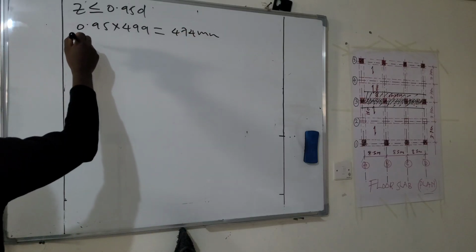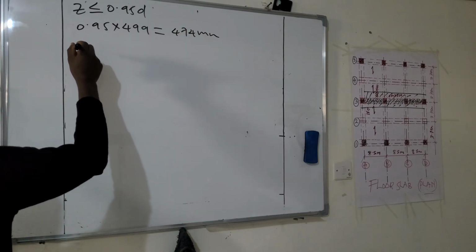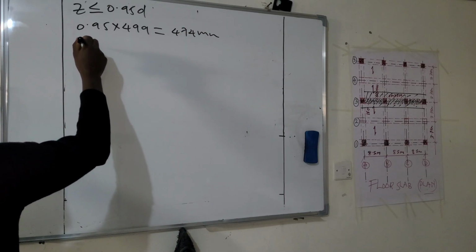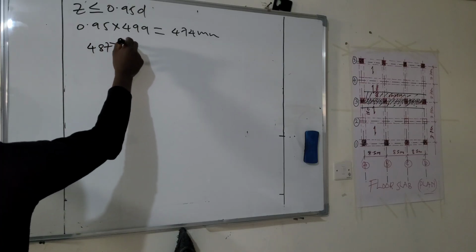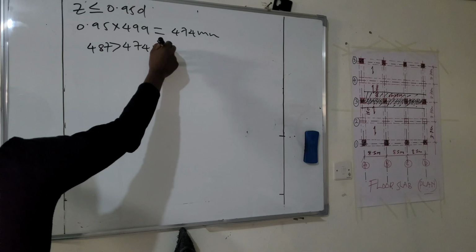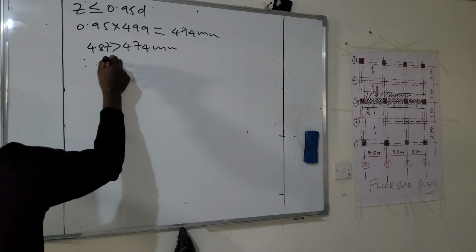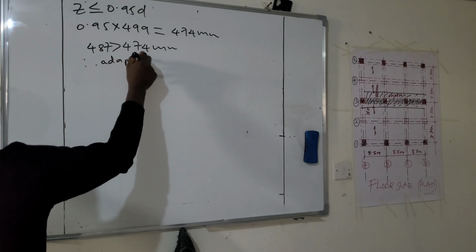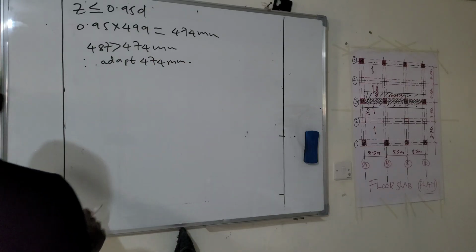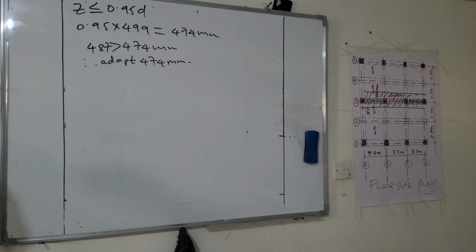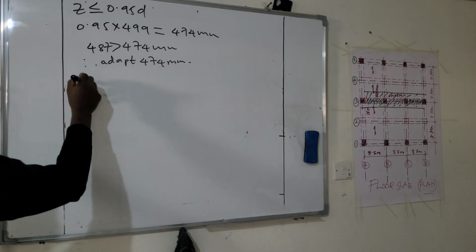Therefore Z, which is 487, is greater than 474 millimeter. Therefore, adopt 474 millimeter. Therefore, we proceed to X.